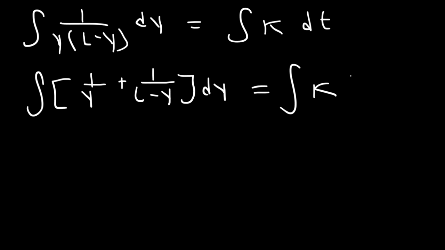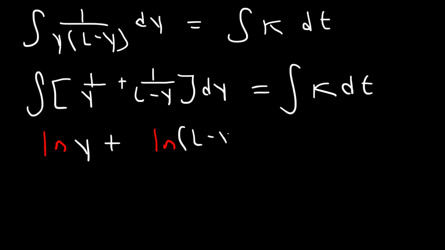So now let's go ahead and find the antiderivative. The antiderivative of 1 over y is simply equal to the natural log of y. And the antiderivative of 1 over L minus y is going to be the natural log of L minus y.